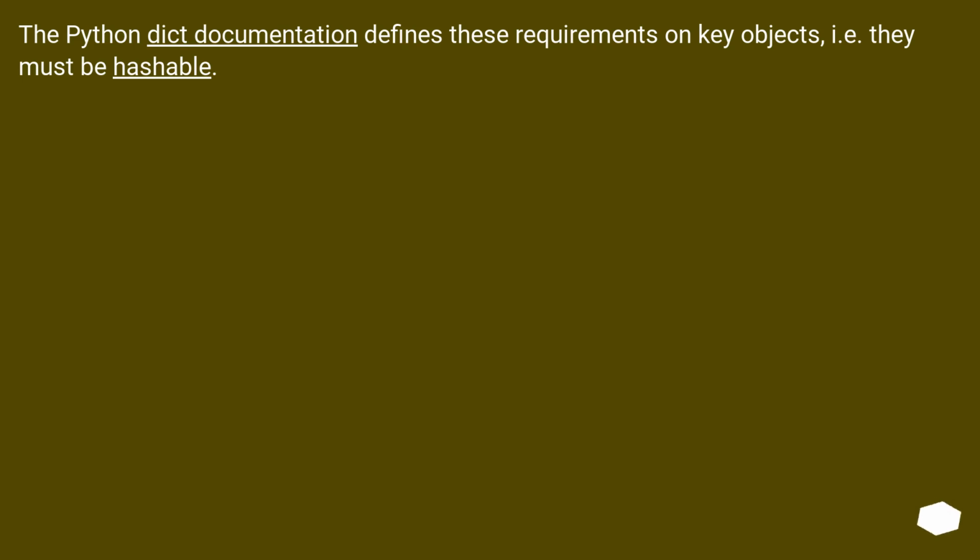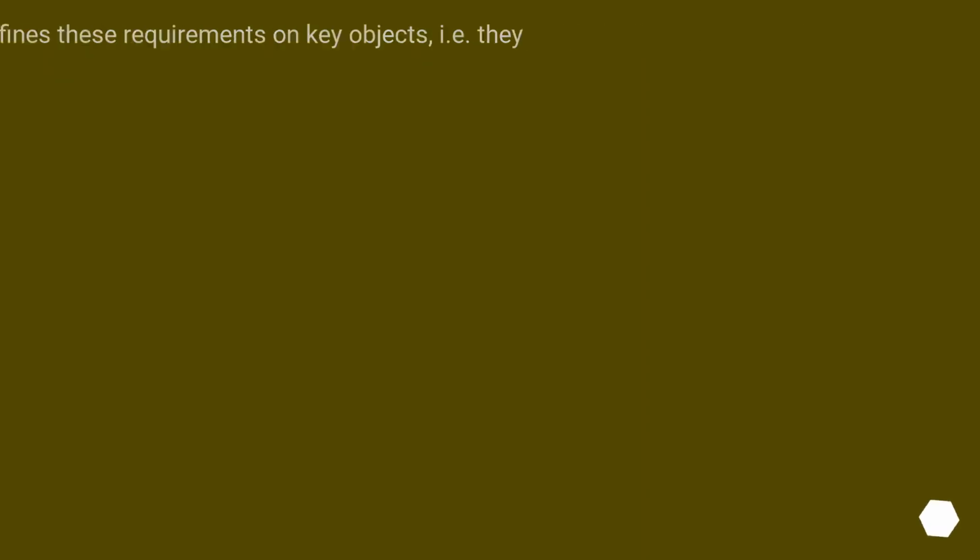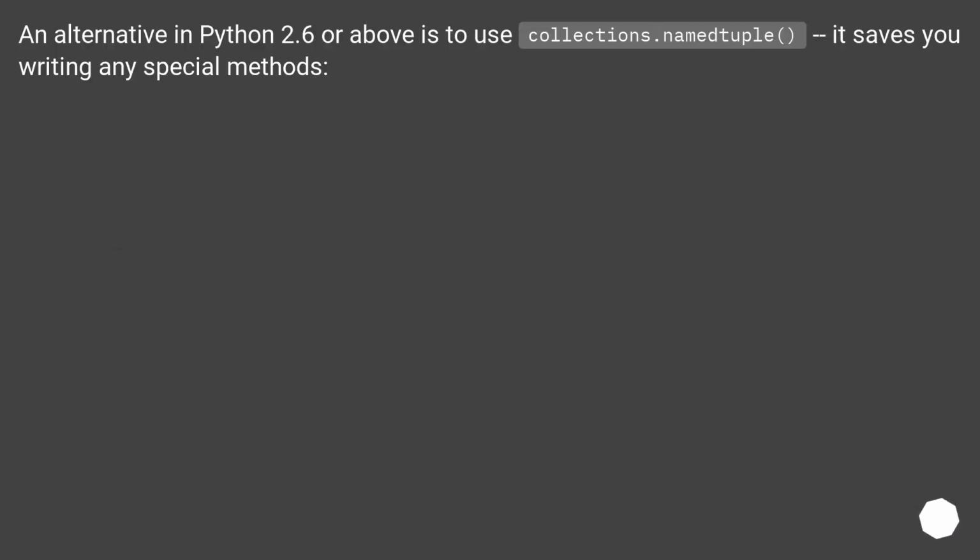The Python dict documentation defines these requirements on key objects, i.e. they must be hashable. An alternative in Python 2.6 or above is to use collections.namedtuple. It saves you writing any special methods.